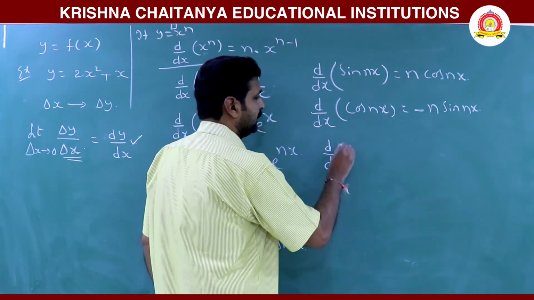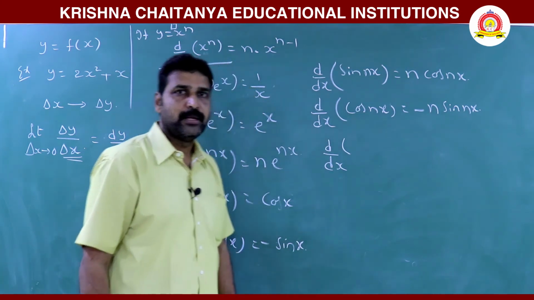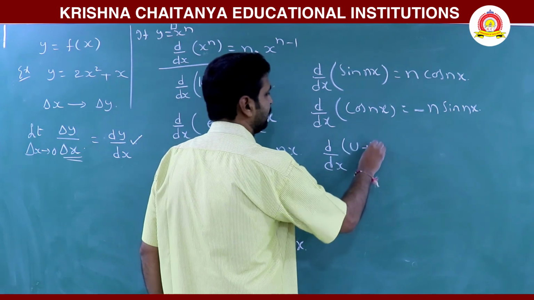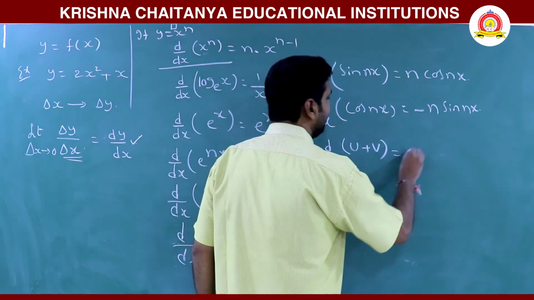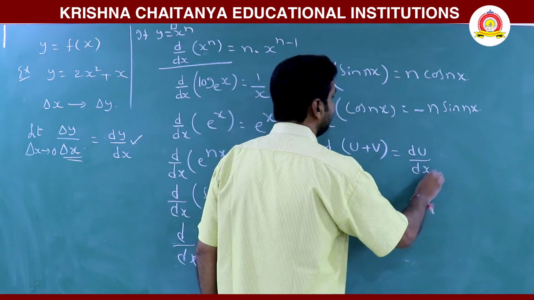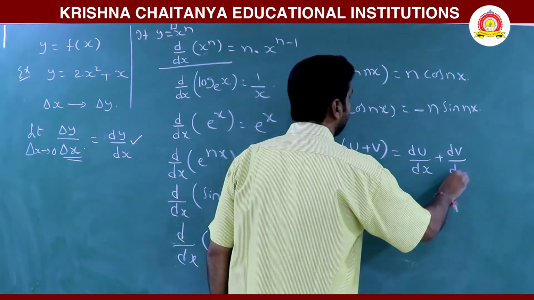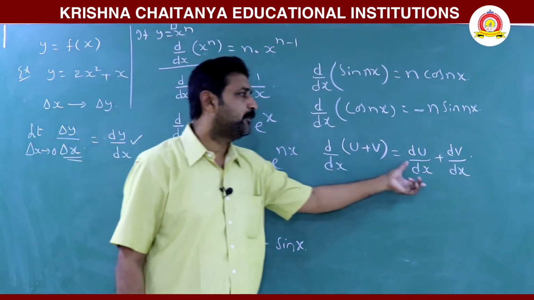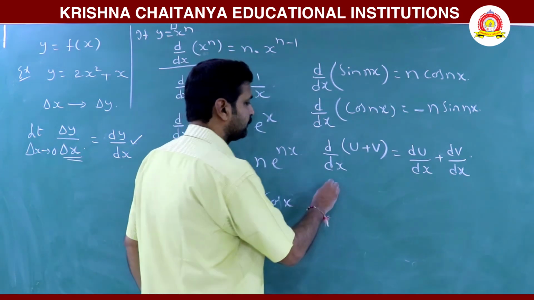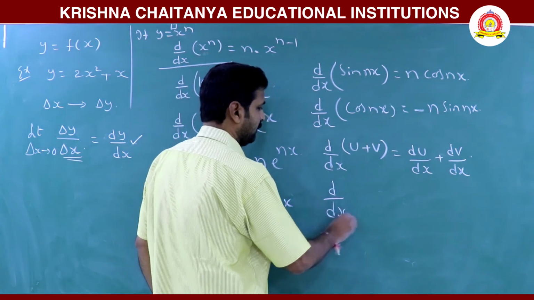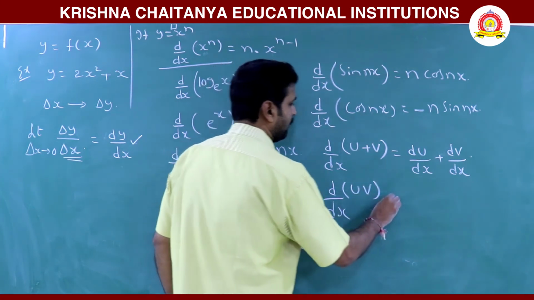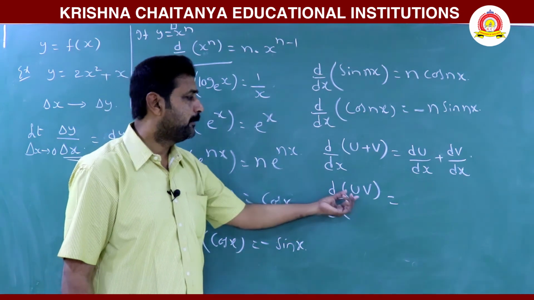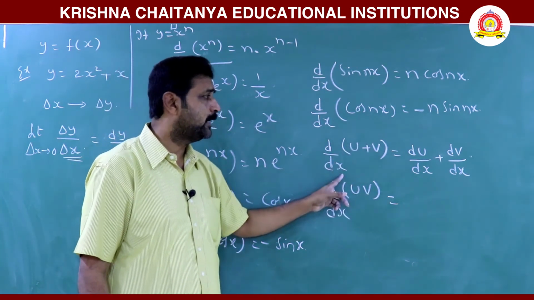If this is d by dx of u plus v, then we can write this as du by dx plus dv by dx. This is the sum rule in differentiation. Similarly, if we go for product, here u and v both depend on x.